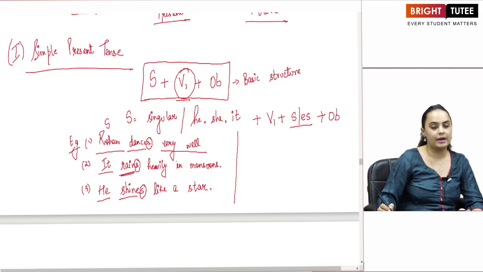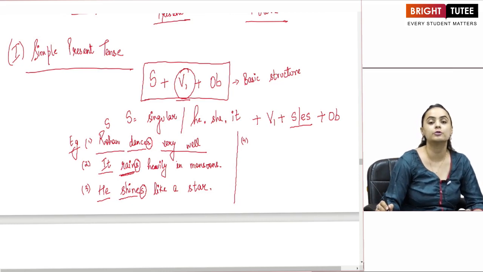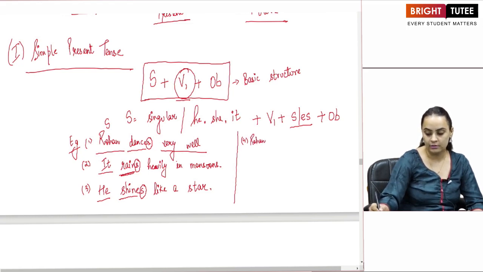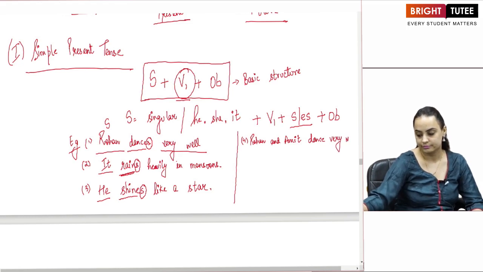On the other hand, if my subject is plural, then there is no need for us to add any s or es to the end of it. For example, Rohan and Amit dance very well.